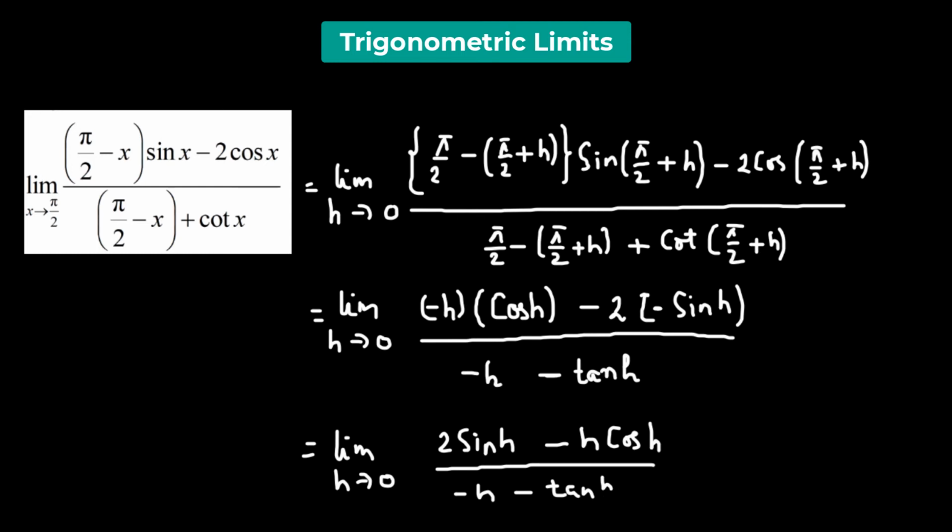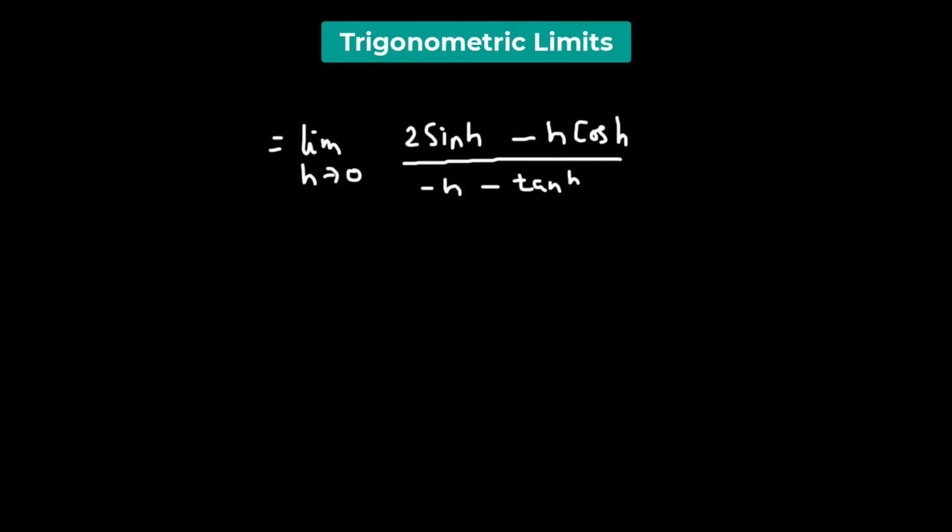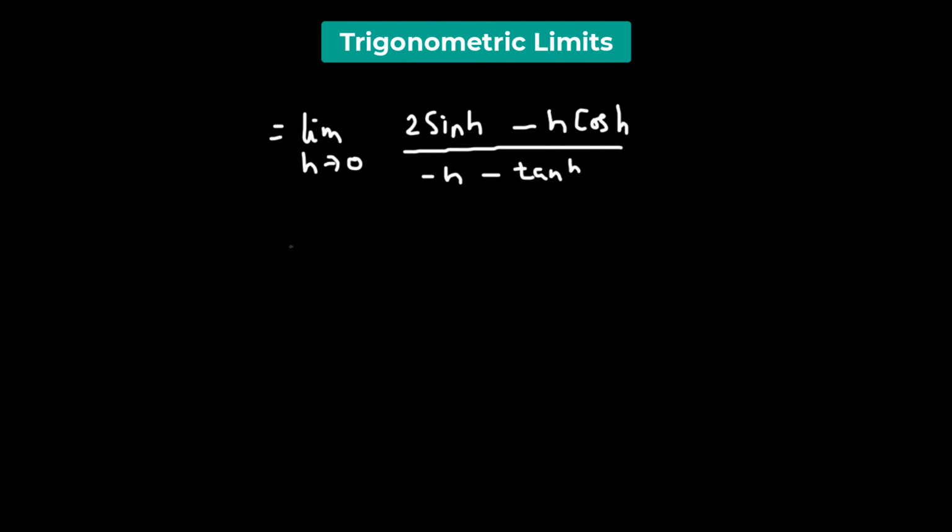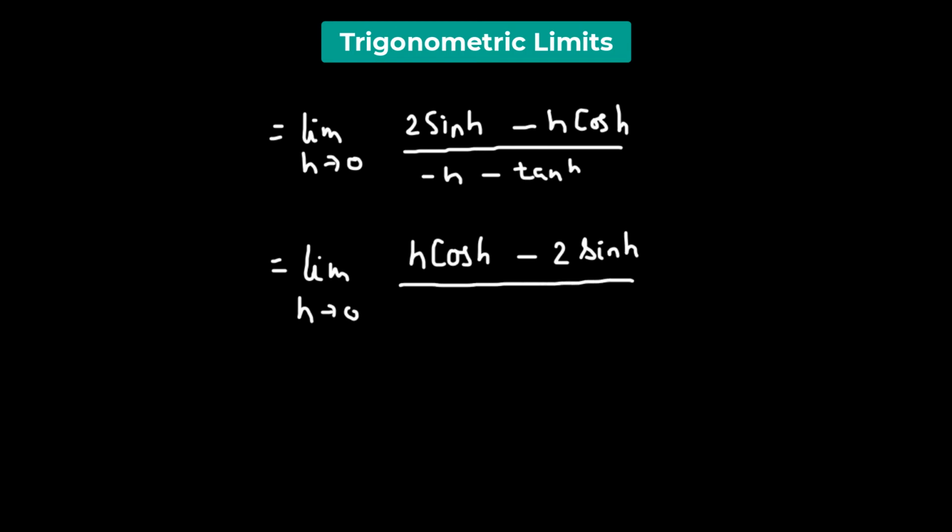Next, we're going to multiply both numerator and denominator by negative 1. So that will become limit h tends to 0 of cosine of h times h minus 2 times sine of h, divided by h plus tangent of h.